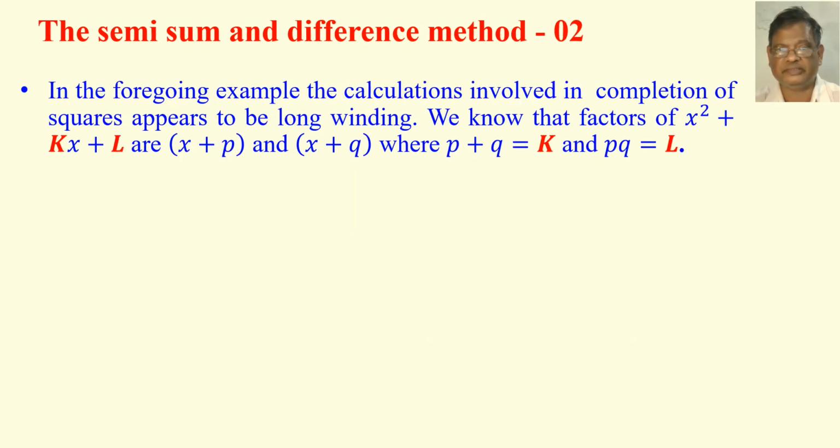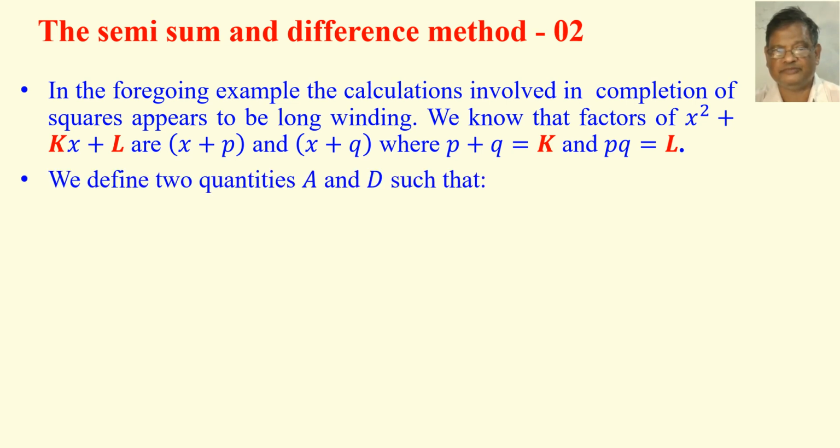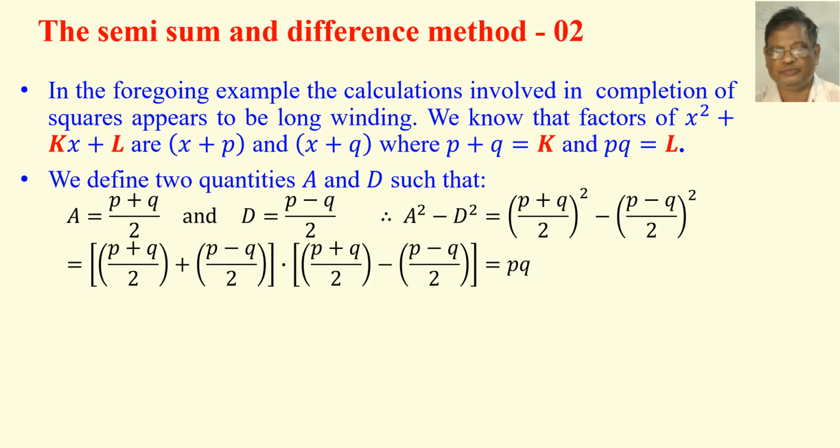In the foregoing example, the calculations involved in completion of squares appear to be long-winded. We know that the factors of x squared plus kx plus l are (x plus p) into (x plus q), where p plus q is equal to k and pq is equal to l. We define the two quantities A and D such that A is equal to (p plus q) divided by 2 and D is equal to (p minus q) divided by 2.